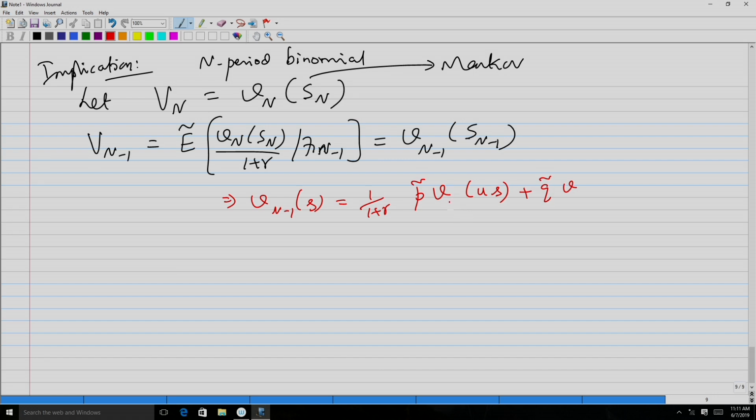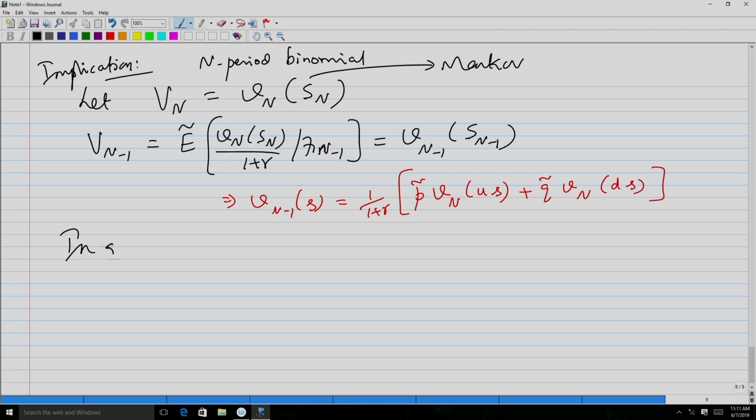This is V n, and this is V n of d times S. So, we know what this function is. This essentially gives the relationship between V n minus 1 and V n, and this is true for any one step that you look at.